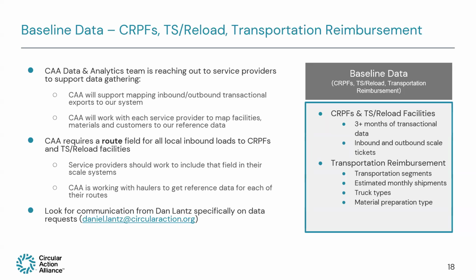We're looking for basically one to three to six months of historical transactional data. Then we can help to map that into our system and make sure we have a record of all the places that you ship material to or receive material from.